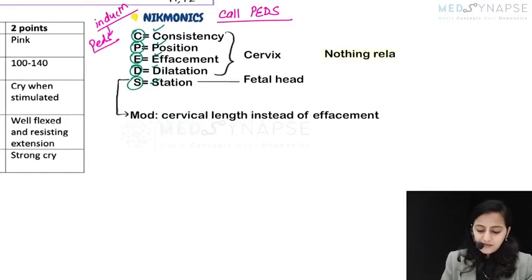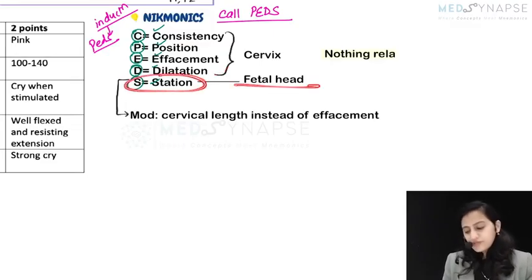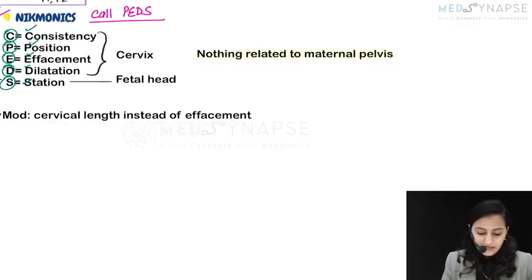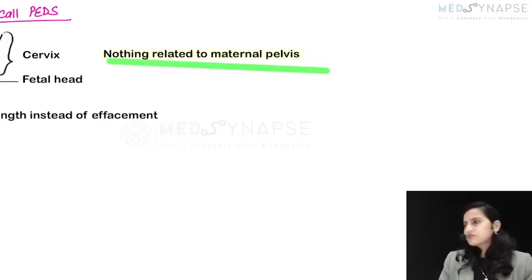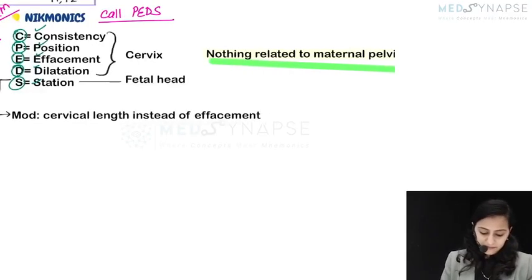So the factors that you see here are related to the cervix. Cervix consistency, soft है, hard है, anterior है, posterior है, dilated है कि नहीं, and the last one is related to the fetal head. Is there anything related to the maternal pelvis? नहीं. Nothing related to maternal pelvis here.